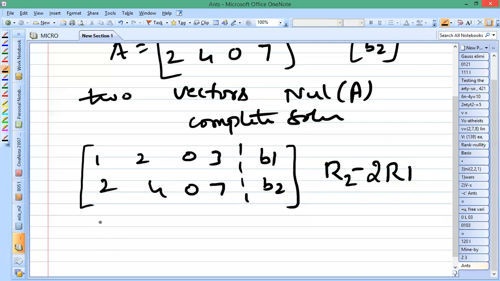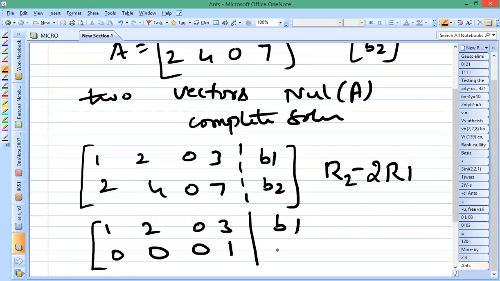The matrix reduces to [1, 2, 0, 3 | b1; 0, 0, 0, 1 | b2 minus 2b1].